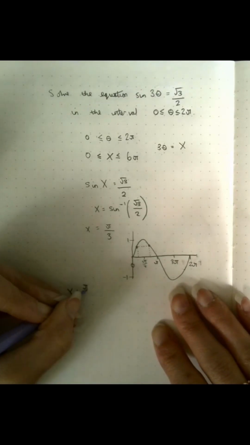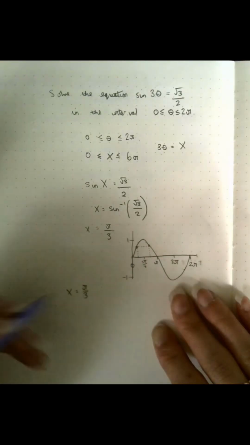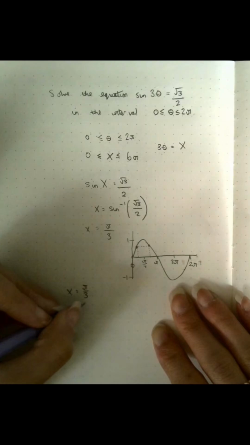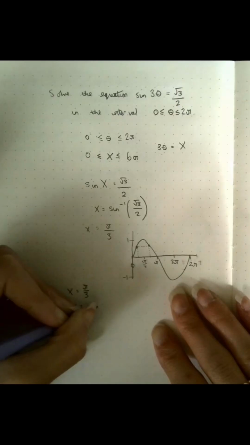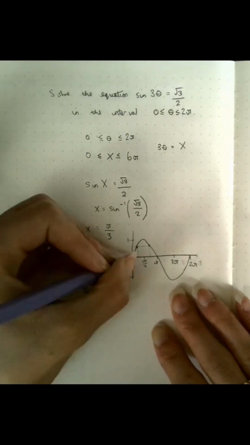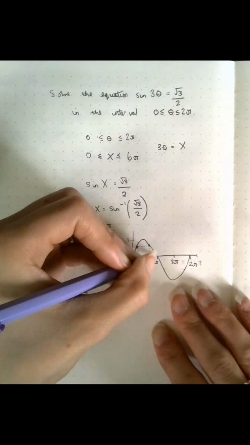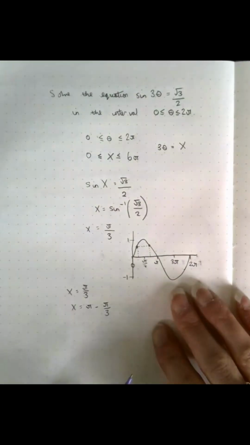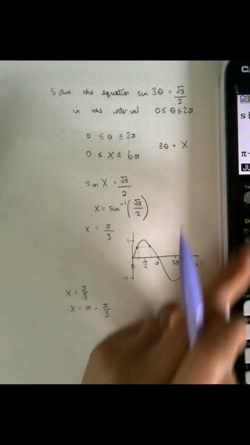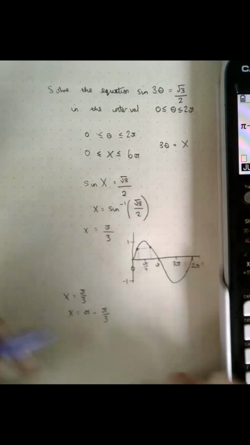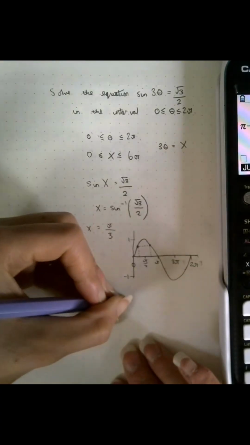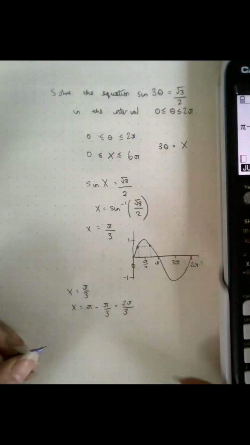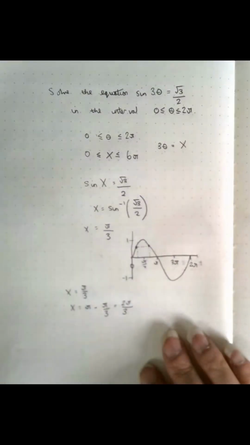So that means X is pi over 3, and then the other is pi take away pi over 3, because I've got that gap there. It's also on this side of my sine graph. So it will be pi minus pi over 3, which is 2/3 pi as my other solution, but that is only within the range of 0 to 2 pi.